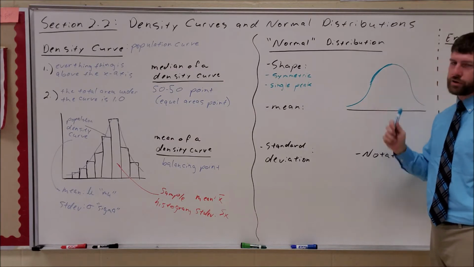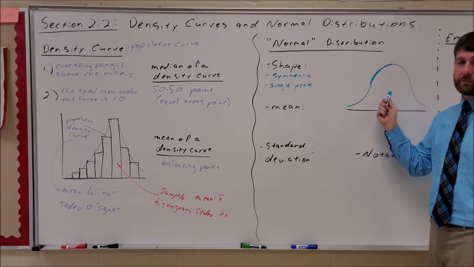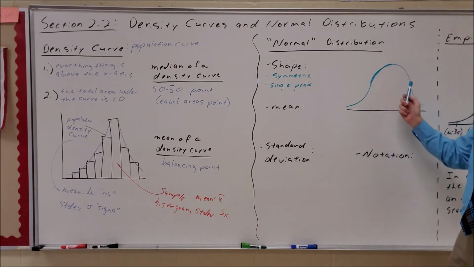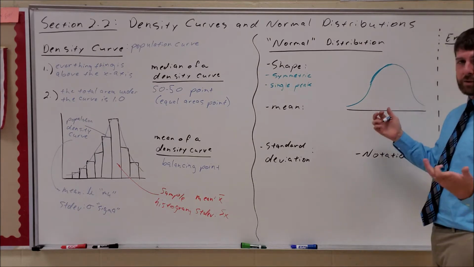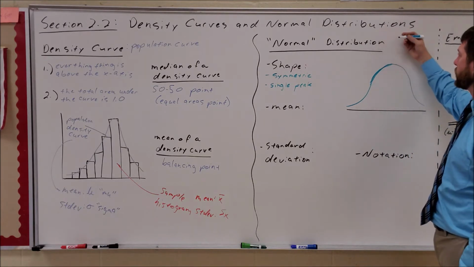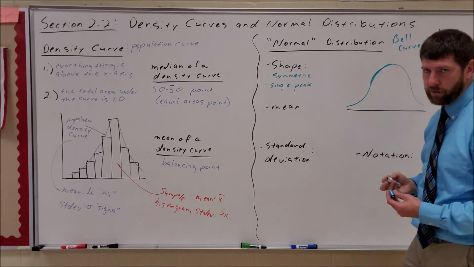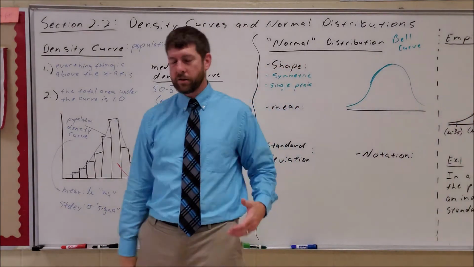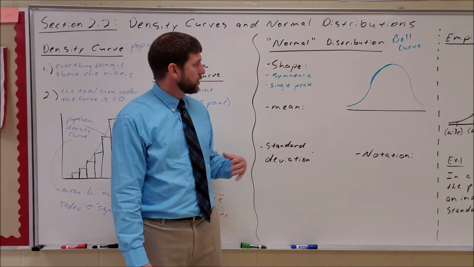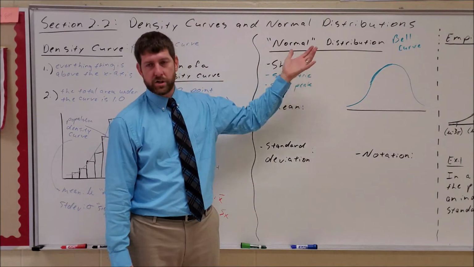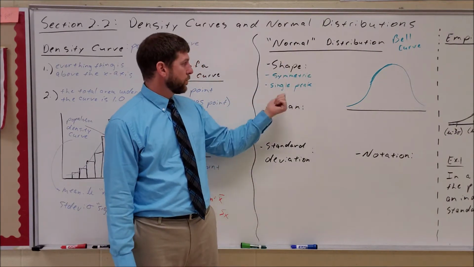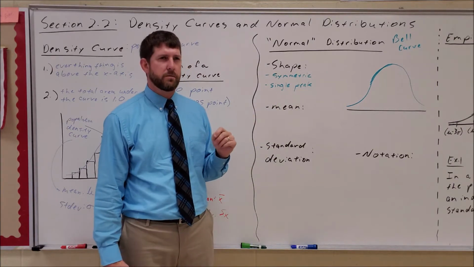Now that distribution should look familiar to you, because it looks similar to a bell. When you hear normal distribution, we're really talking about the bell curve that people often talk about, grading a test on a curve, things like that. So the normal distribution is nothing more than the bell curve. The shape we know is single peaked and symmetric.